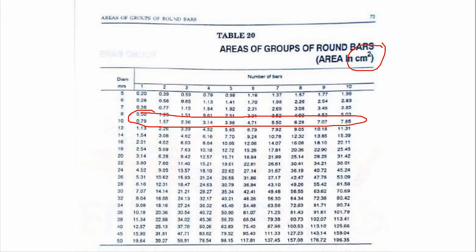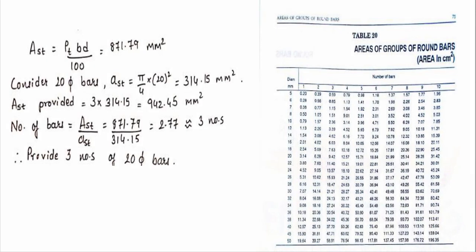Okay, so now how do we read this table according to our previous example? In our previous example we got our capital AST, that is the area of steel required, to be 871.79 mm square. In the last video we assumed 20 mm diameter bars.